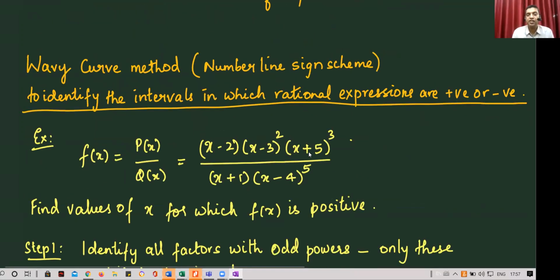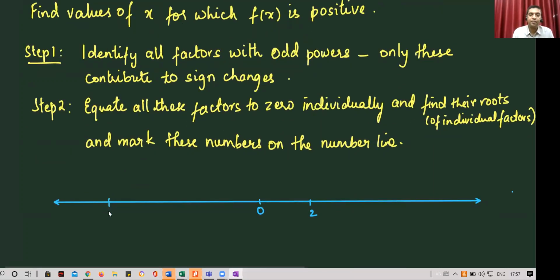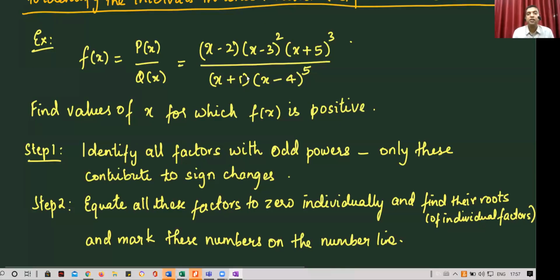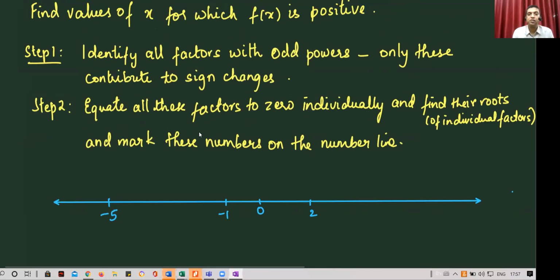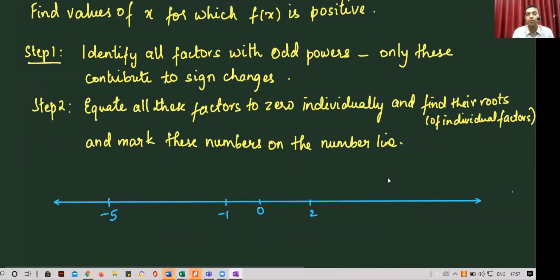Then equate this to 0, x equal to minus 5. Equate this factor to 0. X plus 1 equal to 0, x equal to minus 1. All right. And equate x minus 4 equal to 0. So you'll get x equal to plus 4.